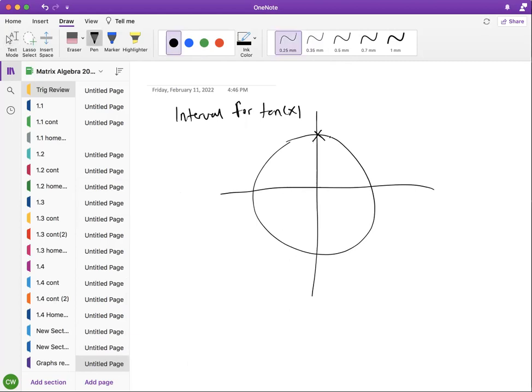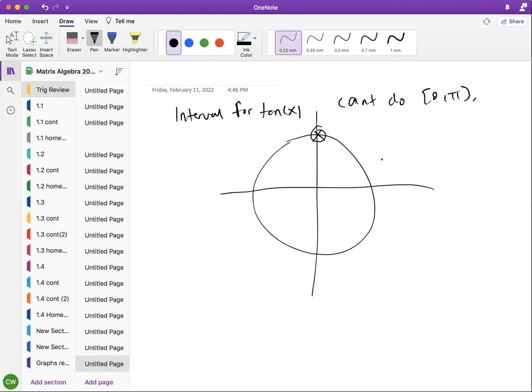I can't do 0 to pi, because there's nothing nice going on at pi over 2. It's just not continuous. So I would not want to choose that interval.